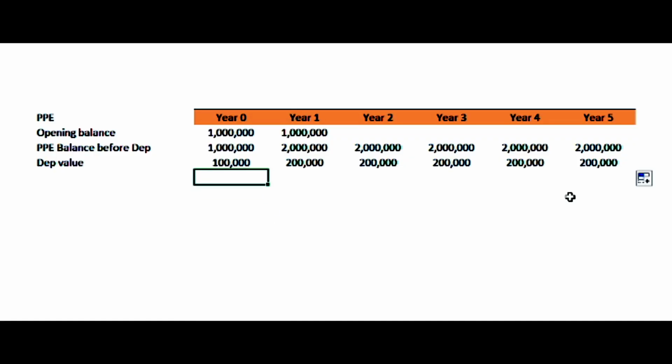Then the property, plant and equipment value after the depreciation, net PPE. Here it is already given as 1 million.